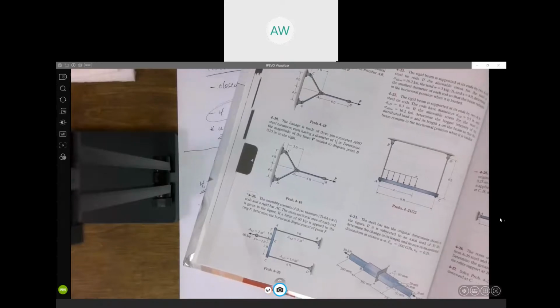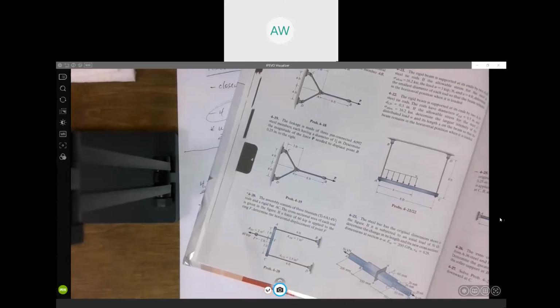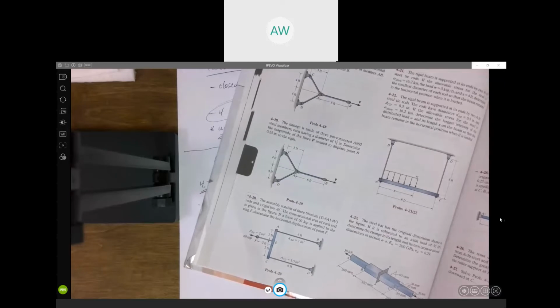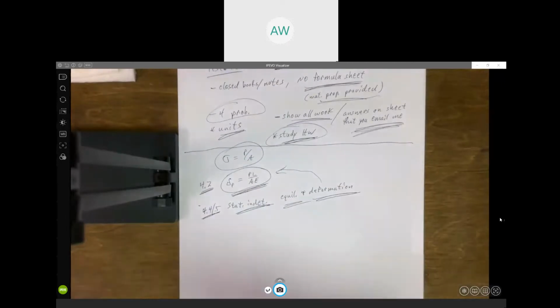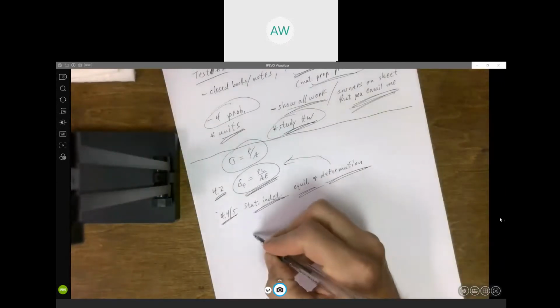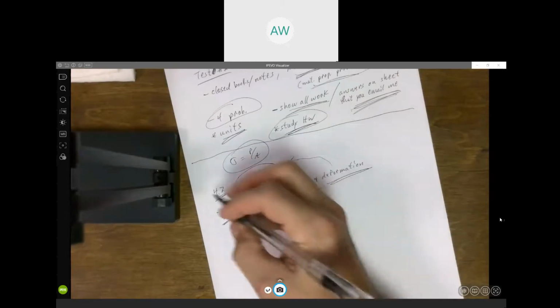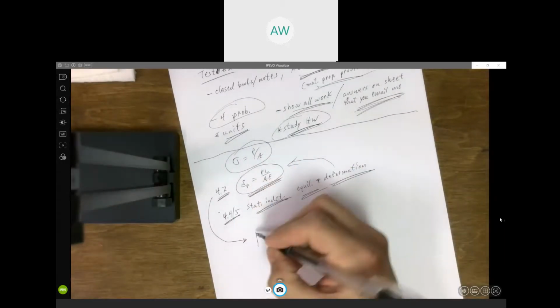So, question. This one is, when you add the total deflection, why do you not add deflection AB in there? Well, let me draw this picture. Let's look at that. So what we've got, and again, this is in section 4.2.